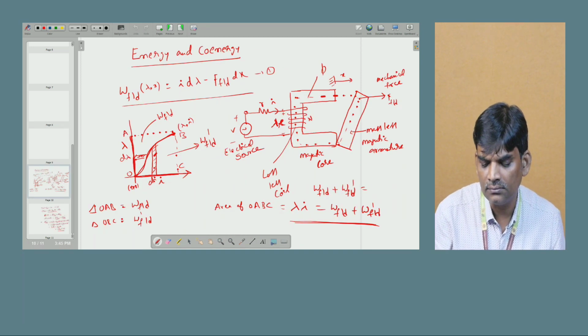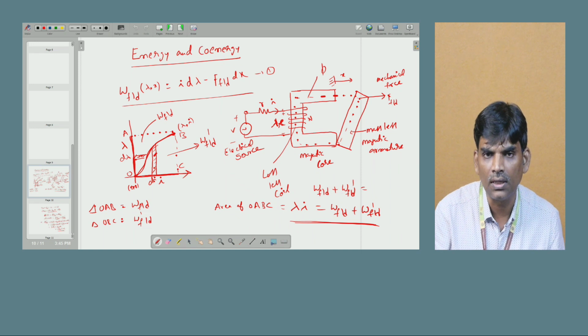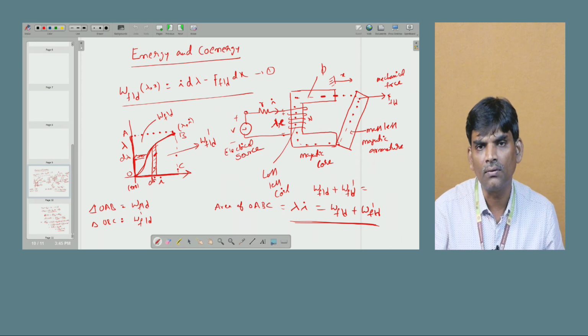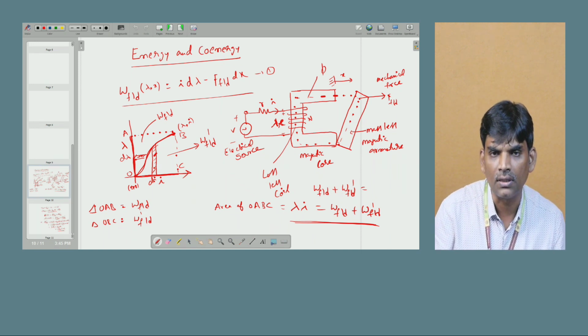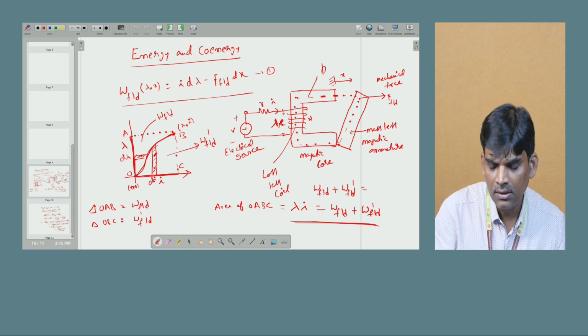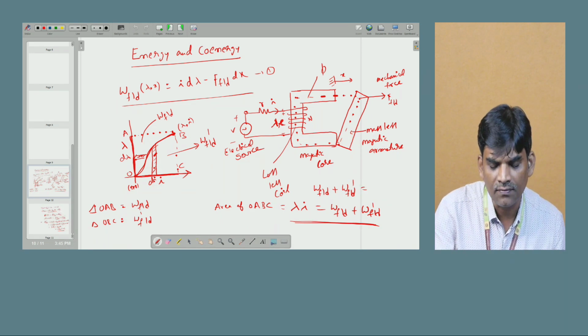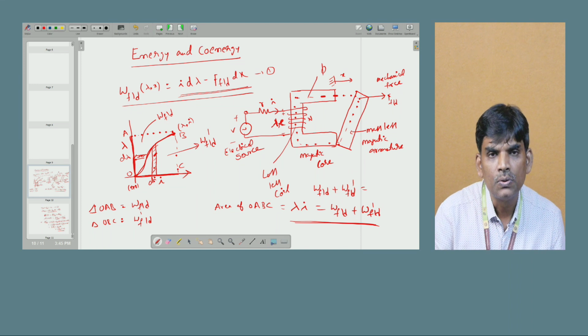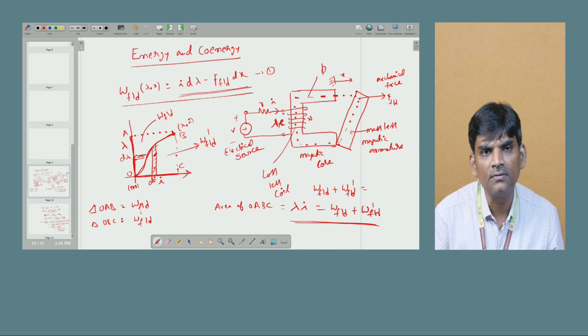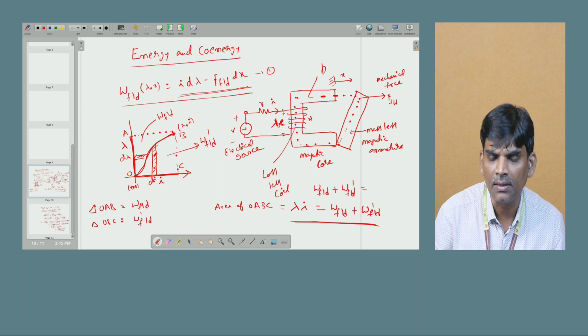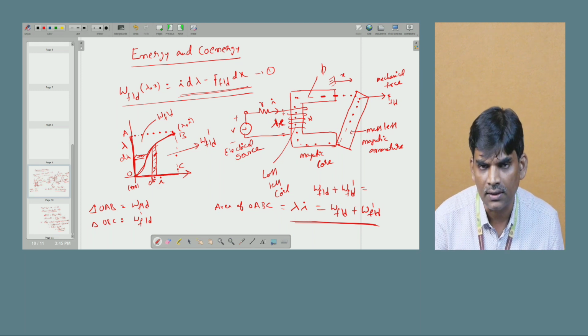Any magnetic material having an iron core or an air core, whatever it may be, but air core is the linear system, iron core is non-linear. When it is excited, the stored energy value is equal to i dλ minus F_fld dx. By using this equation we calculate the magnetic force in this system, and if it is a rotational system, we calculate the torque also.